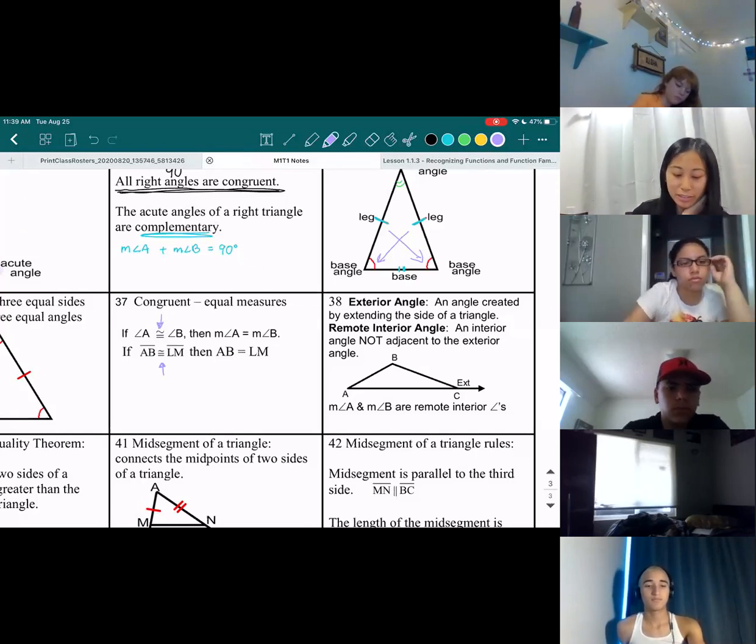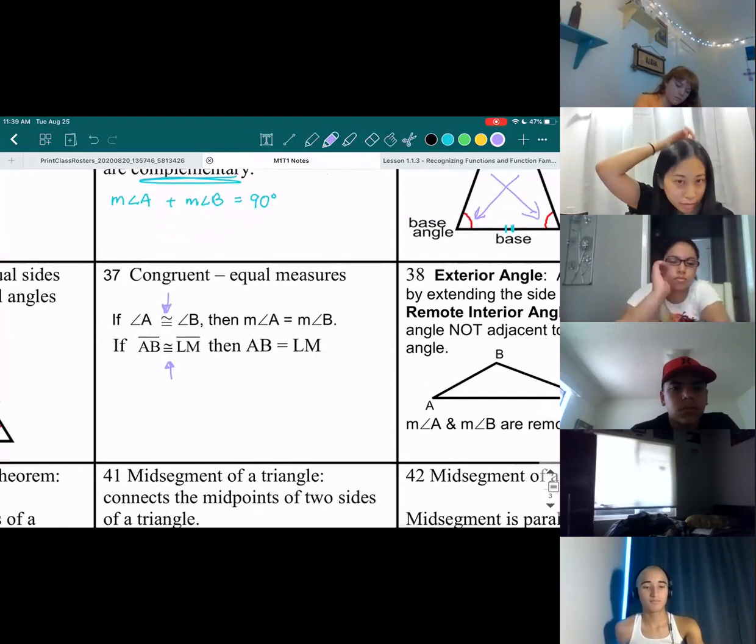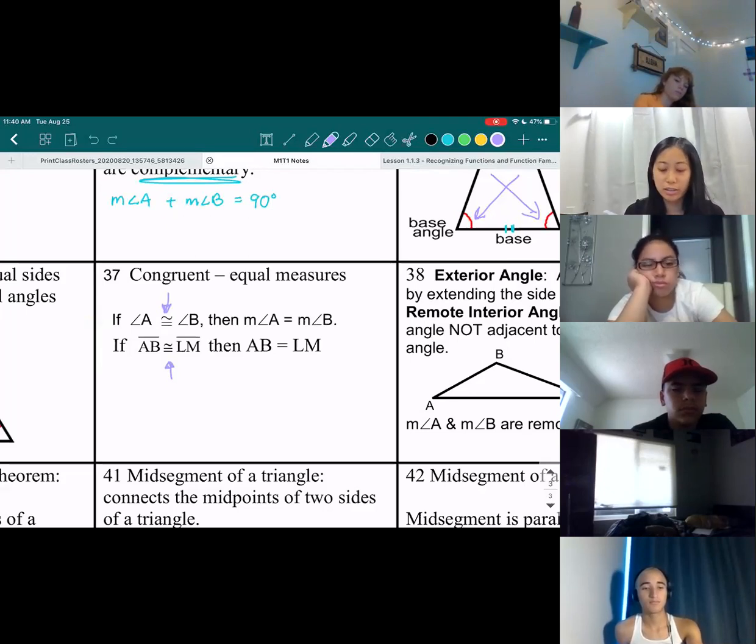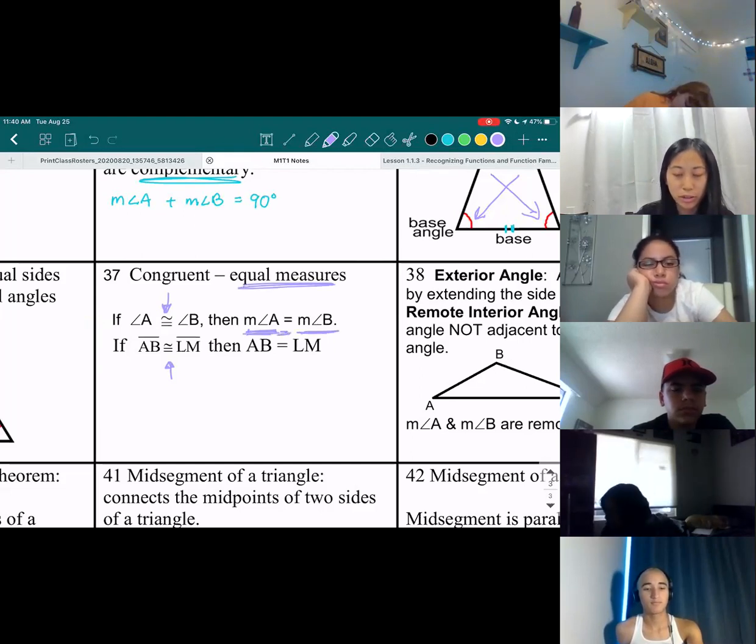Oh, okay, so 37. Let's go over 37 again. For 37, it's just giving you the definition of congruent. Congruent means it has equal measures. So for example, if you're talking about angles in this first line, if angle A is congruent to angle B, and that's the symbol for congruent, it's got a squiggly and then an equal sign, then the measure of angle A is equal to the measure of angle B because they have equal measures.